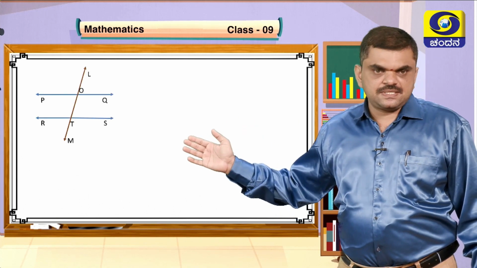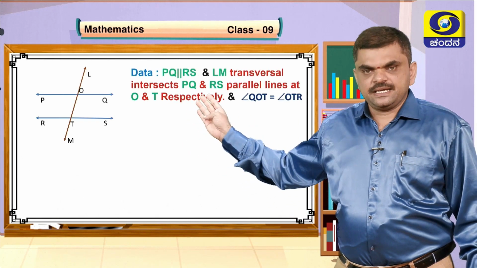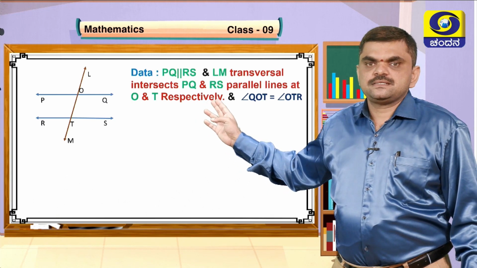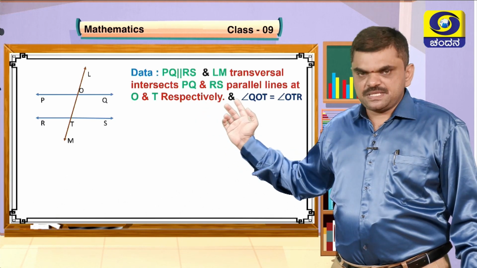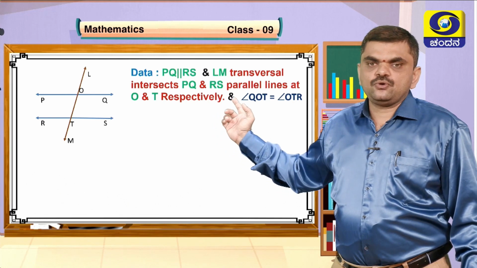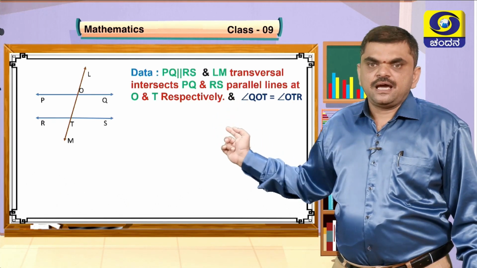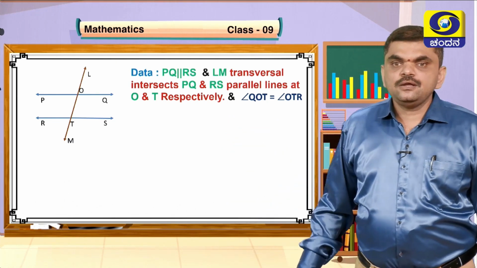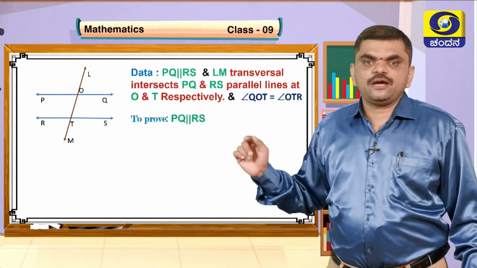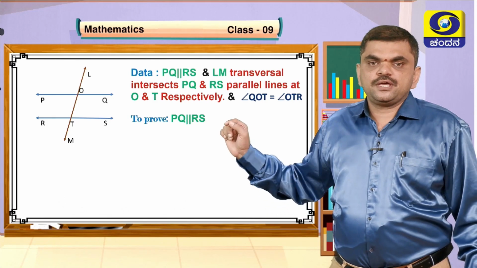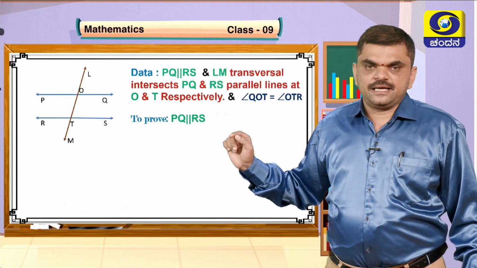Again, the same diagram, the data is the same: PQ and RS are parallel lines, and LM is a transversal intersecting them at O and T respectively. Angle QOT is equal to angle OTR, which is given. We have to prove PQ is parallel to RS.